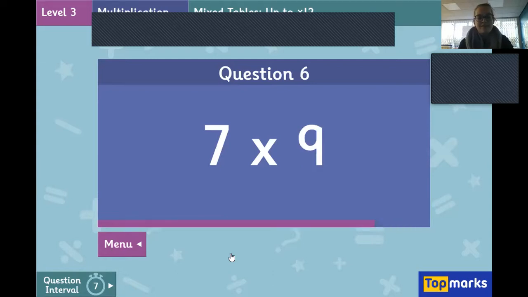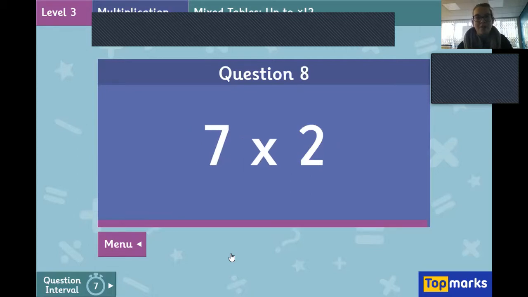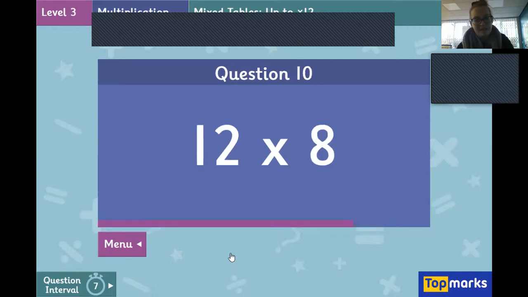Number 6, 7 times 9. Number 7, 7 times 12. Number 8, 7 times 2. It's a lot of sevens. Number 9, 2 times 5. And number 10, 12 times 8.